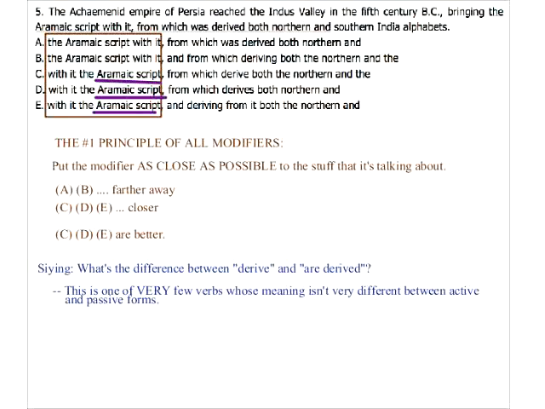X derives from Y means that Y is the source of X, which is a general statement of fact. For instance, sugar derives from sugarcane.